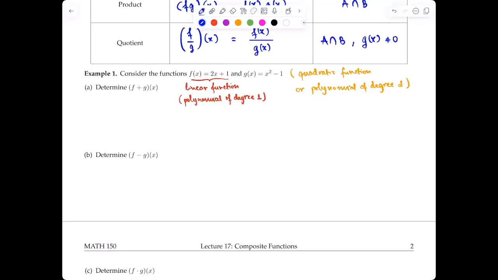The domain of f is all real numbers, or from negative infinity to positive infinity. And the domain of g is from negative infinity to positive infinity as well.